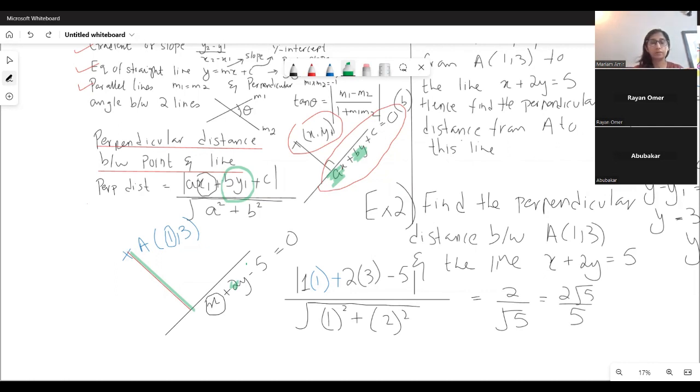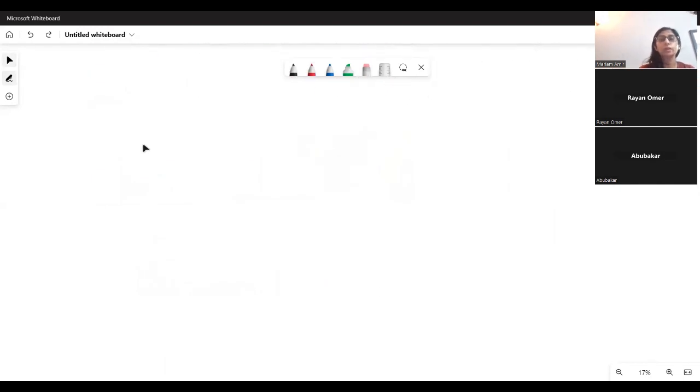Now let's discuss a question which needs us to use a formula, angle between two lines. So here's the question. Example 3, I believe.